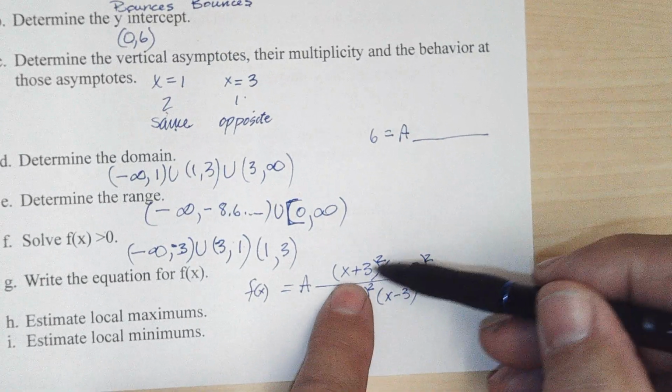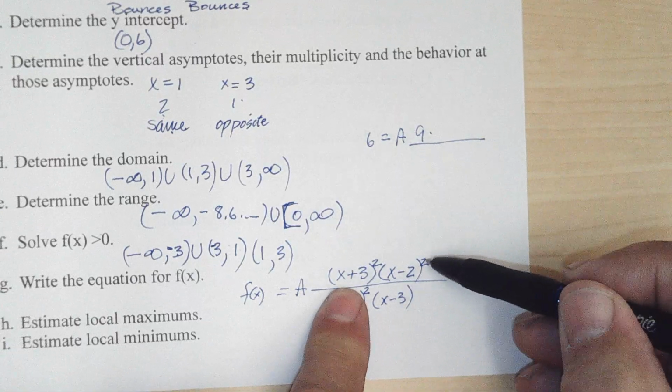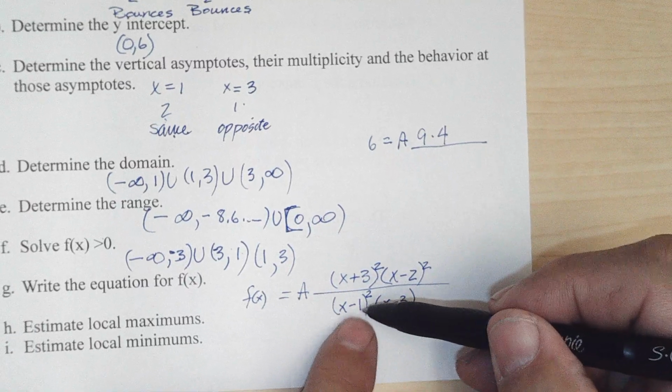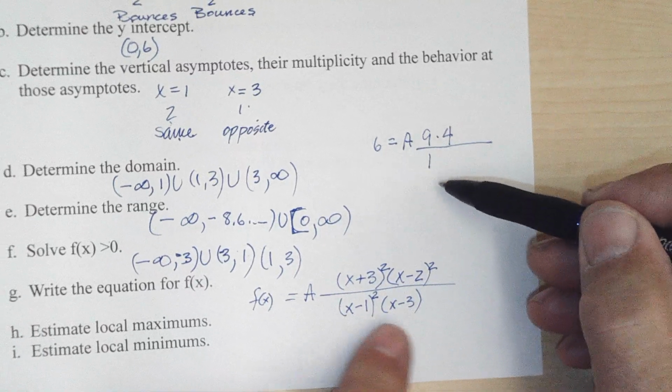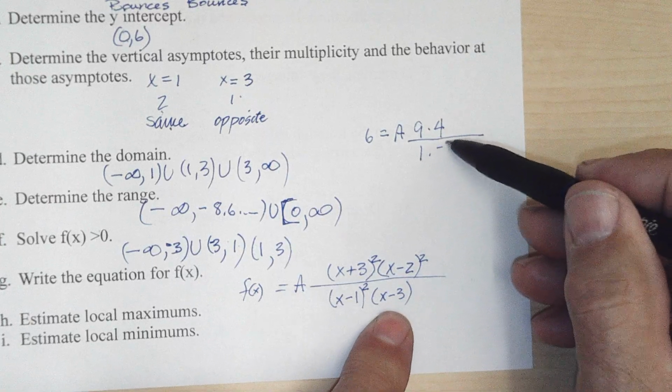And so I get 3 squared, which is 9, times minus 2 squared, 4, over minus 1 squared, 1, and 0 minus 3 is negative 3.